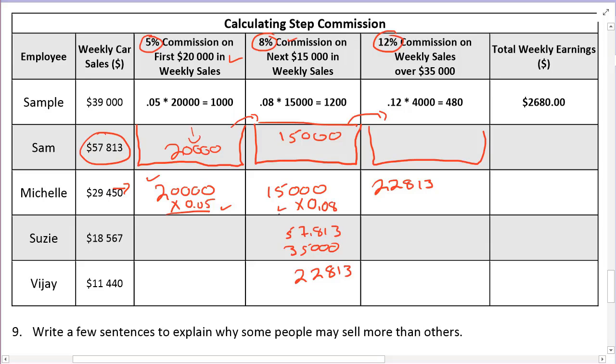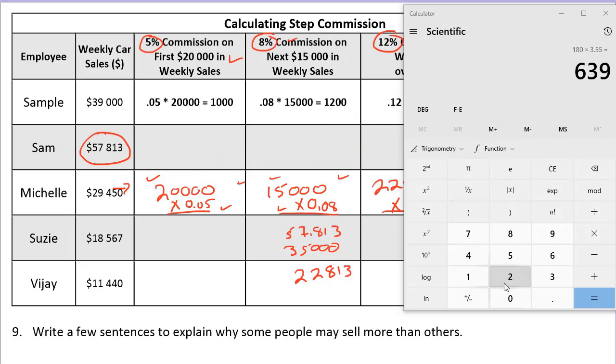And so we're going to multiply to find out how much commission Sam is going to earn from the sales in the second bin. And in the final bin, Sam's going to earn a whopping 12%, so that's 0.12 on all the sales that are above and beyond the first 35,000. And then now all we have to do is get our calculators out and figure out how much Sam is going to earn in each one of these bins.